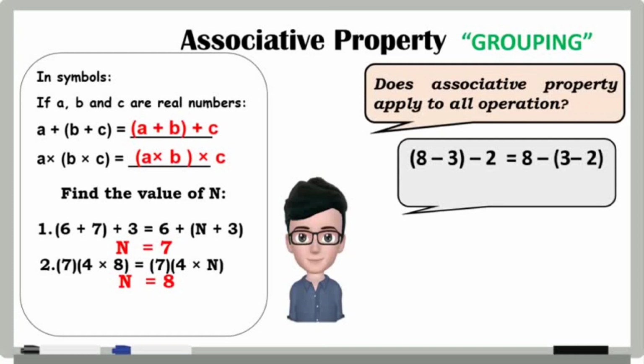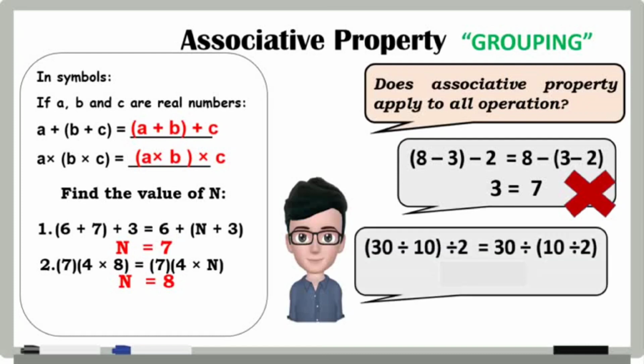No, sir. Because the quantity of 8 minus 3 minus 2 is equal to 3, and 8 minus the quantity of 3 minus 2 is equal to 7. Okay, that is correct. Therefore, associative property cannot be applied to subtraction.